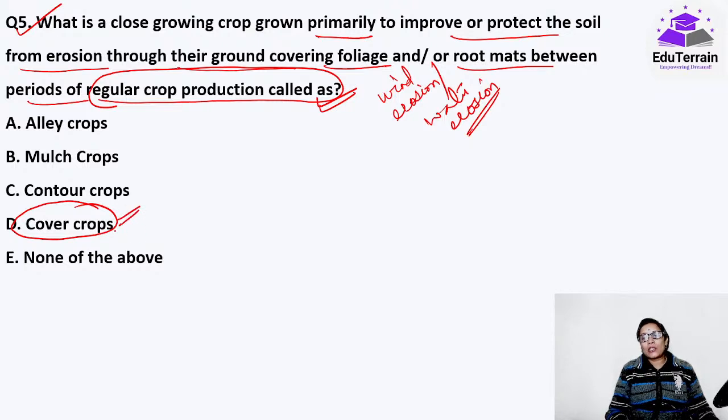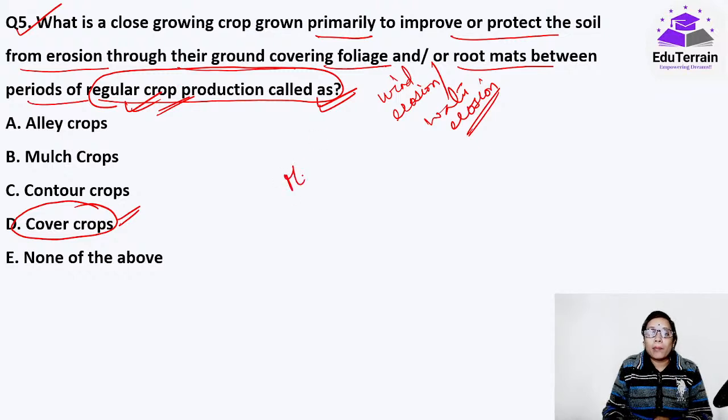Okay, so wherein like your groundnut can also be used, your cowpea, urad, these are all short duration crops, but at the same time they grow very quickly and immediately they cover. Okay, and this is in between the periods of regular crop production.